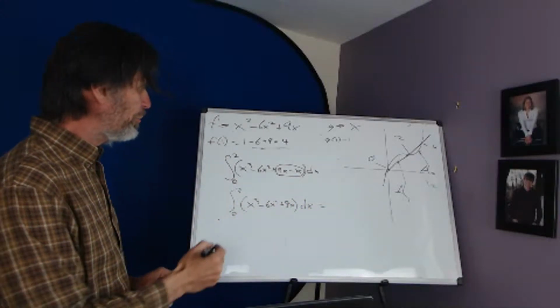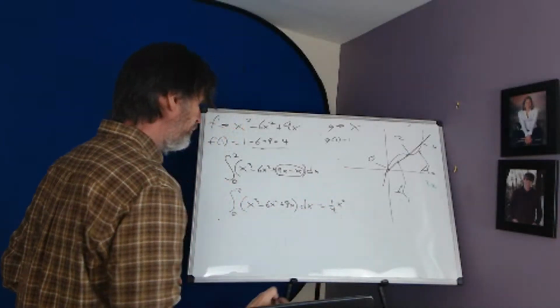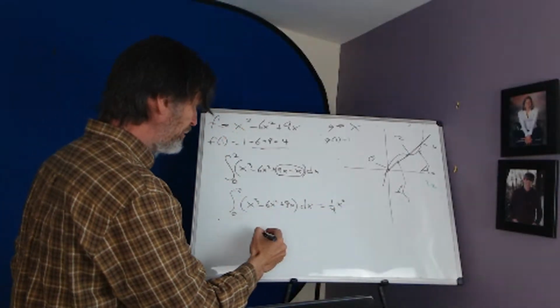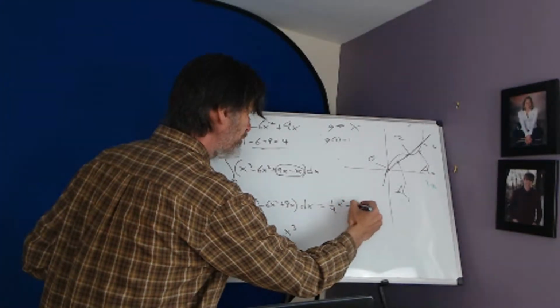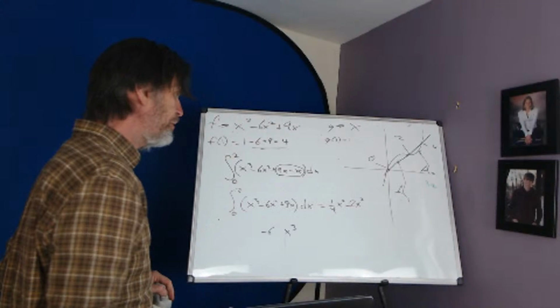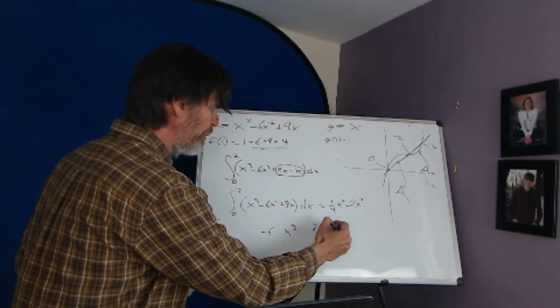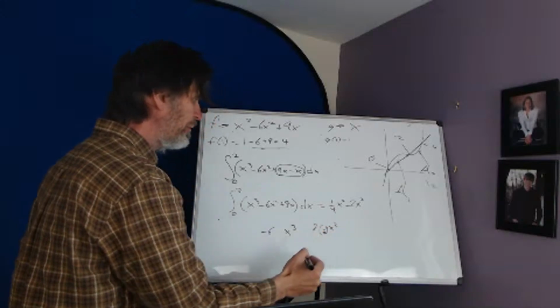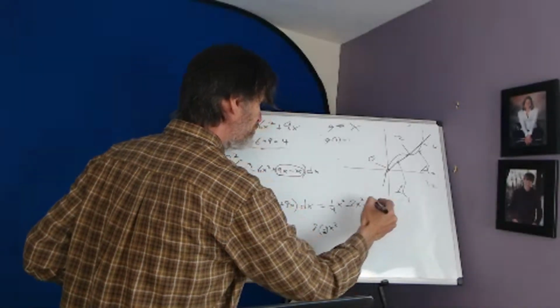Let's do the antiderivative. 1/4 x to the 4th. Let's see, it's minus 6, keep the x raised to the power plus 1, minus 2x cubed. Same thing with the 8x. Keep the x raised to the power plus 1, reciprocal of the new power, plus 4x squared.